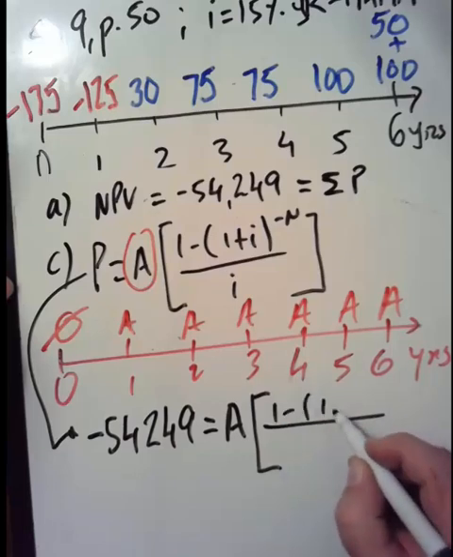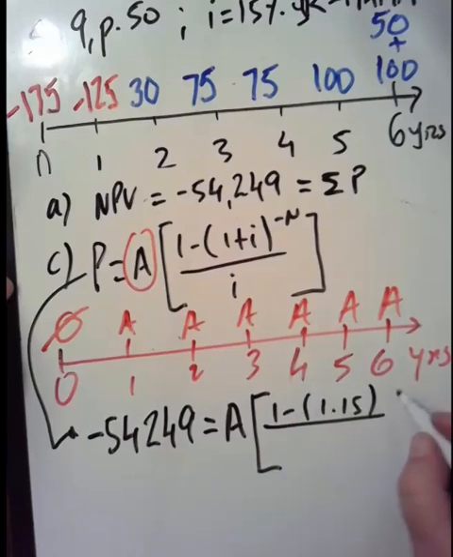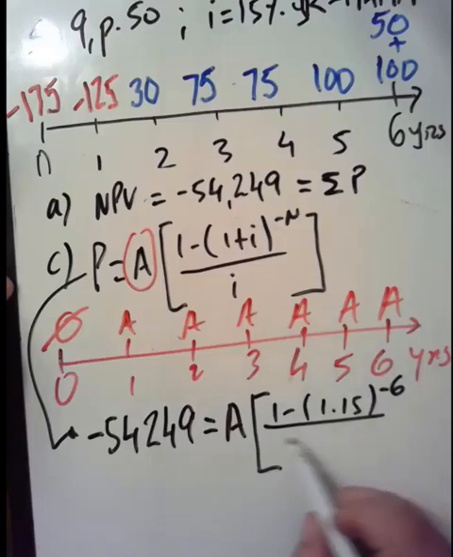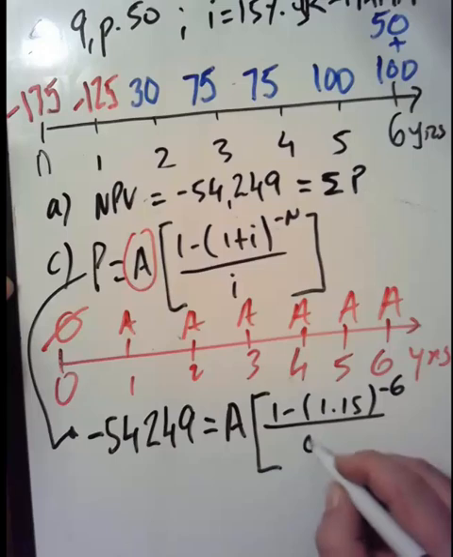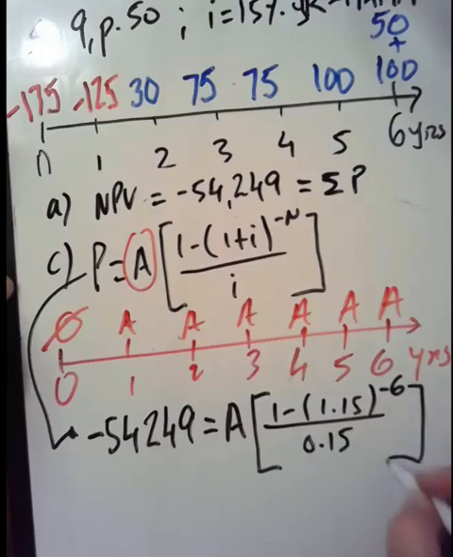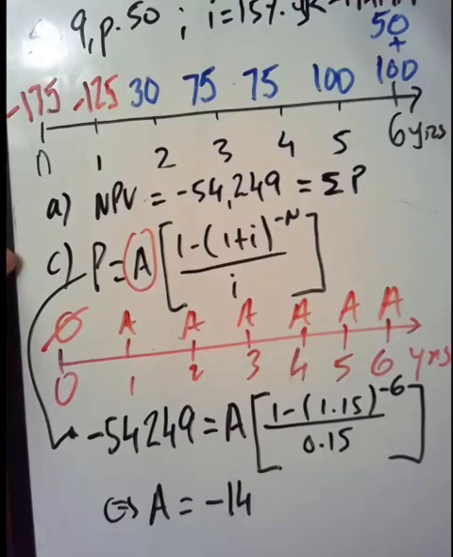A times 1 minus (1 plus the interest rate, which is 15%) to the power of negative 6, this to be allocated across 6 annuities of equal value, divided by the interest rate. So the A is negative $14,335. Okay.